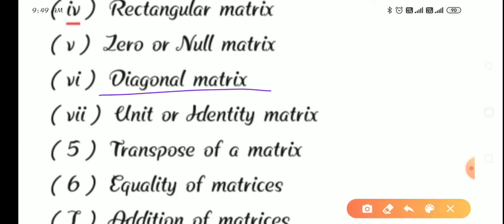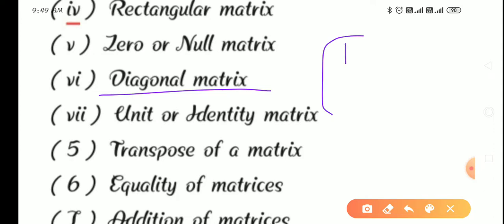Diagonal matrix means always a square matrix in which, leaving the elements on the principal diagonal, other elements are 0. That is called a diagonal matrix.